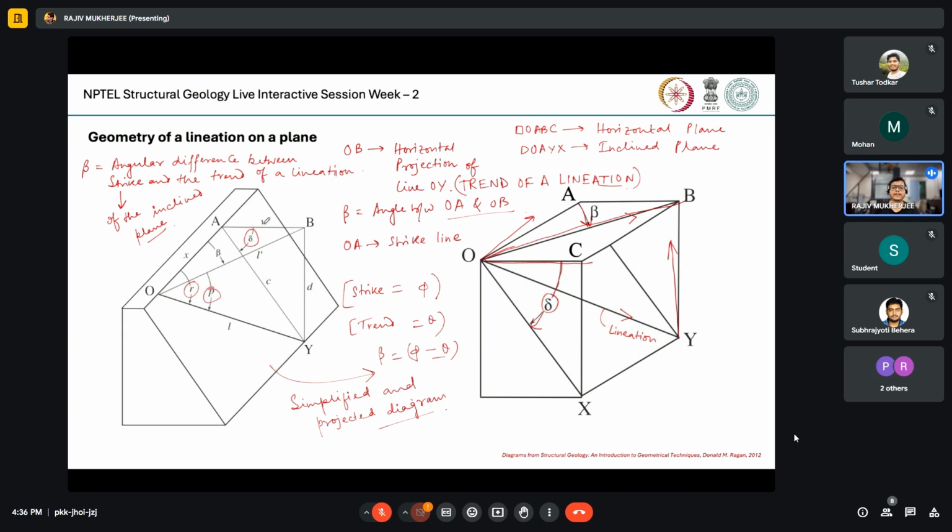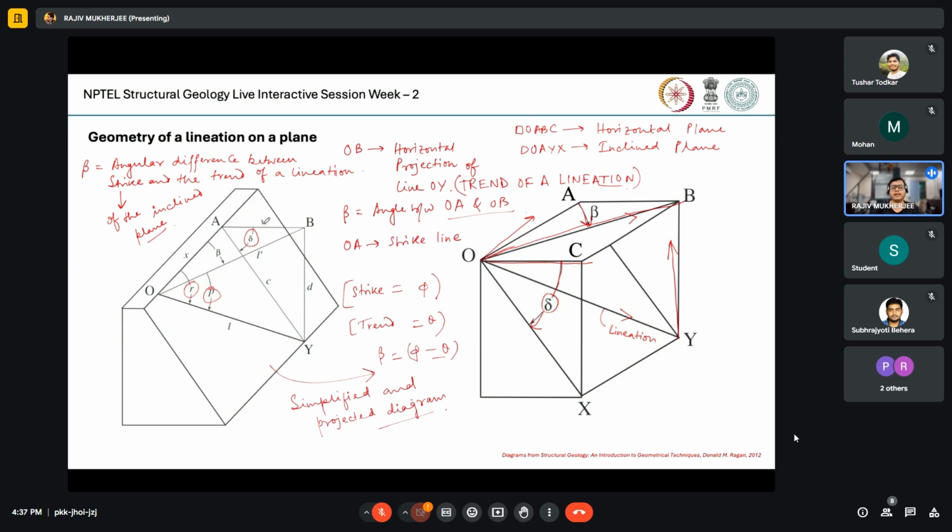So based on these definitions, we will derive three important trigonometric relations between strike, dip, pitch, plunge, and trend. All these things are interconnected to each other. So if we have any three of these data, we can easily have a trigonometric relation to get the other three.